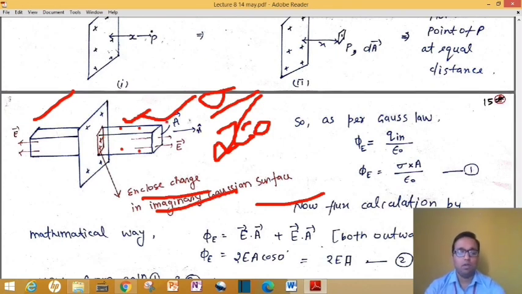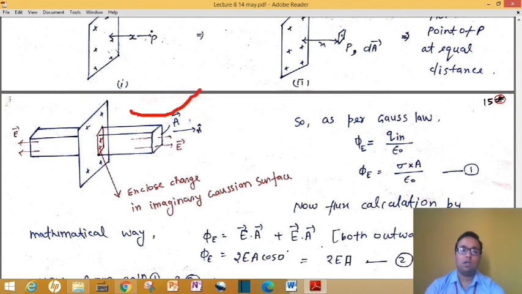However, if you have the habit of just learning without understanding the concept, then you will have no doubt in this concept. But if you really want to understand it, you have to first learn how to draw a Gaussian surface. I think this video may be a little lengthy, so I should stop here after taking one or two more examples.